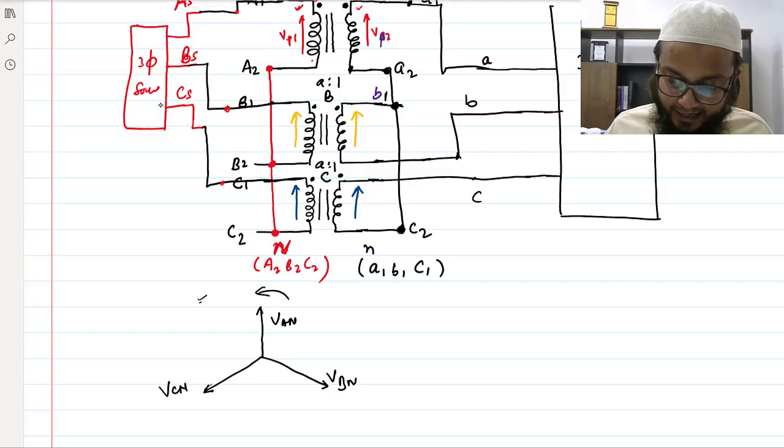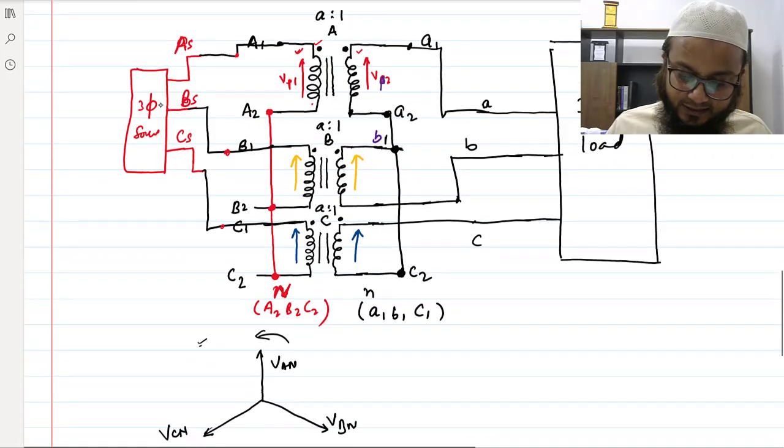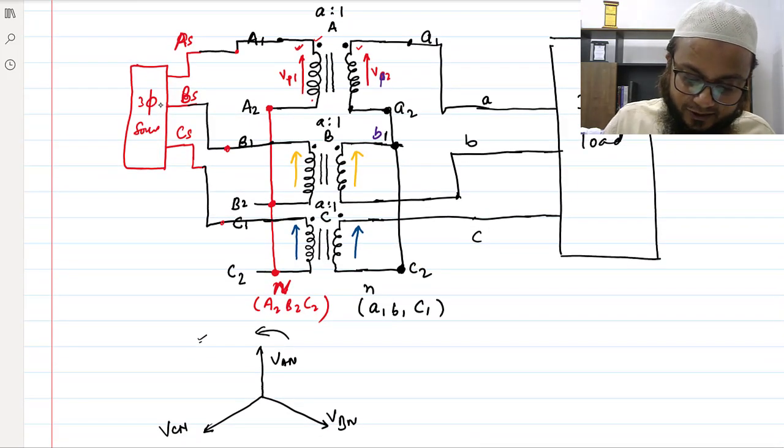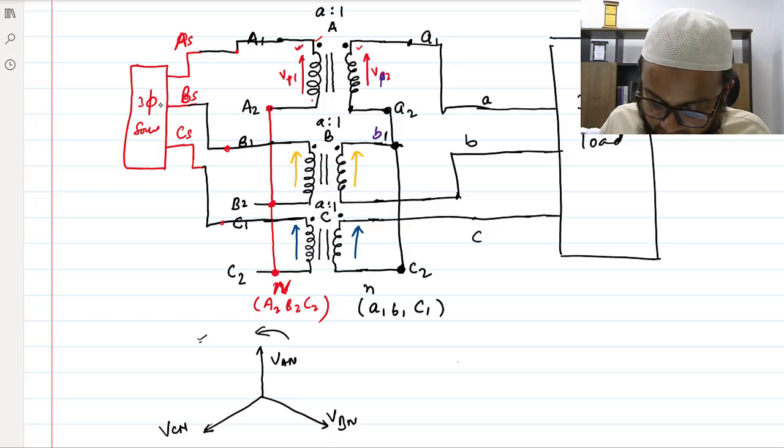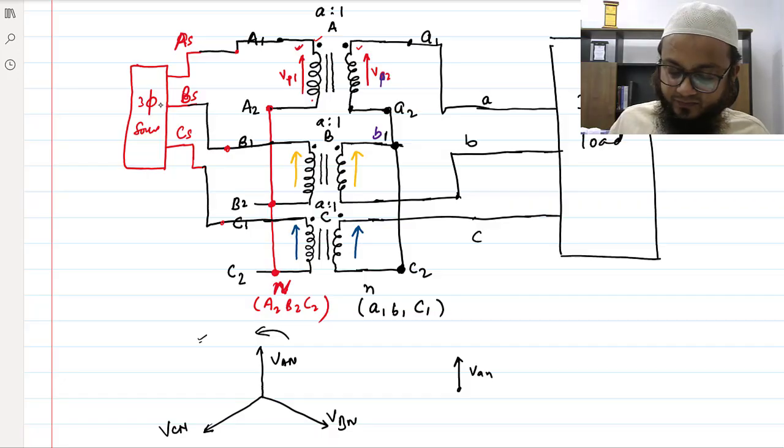So VAN would be in phase with, see here, VAN, this is the neutral point. So VAN is in phase with this voltage, right? So this is VAN. This is the neutral point. What about VBN?